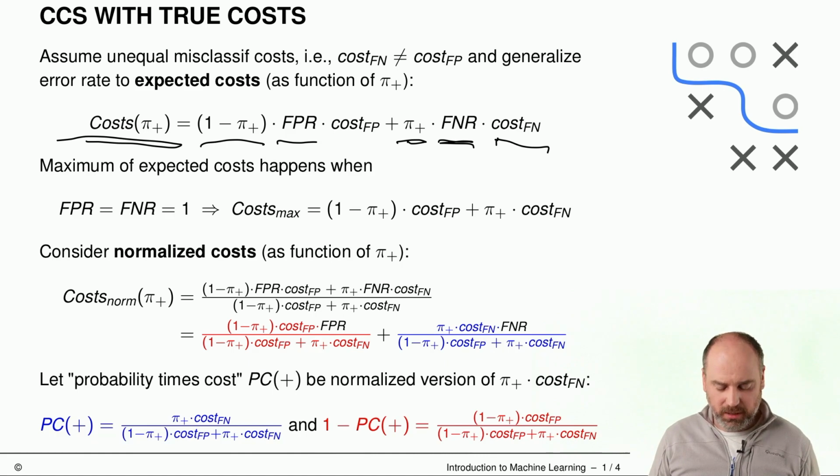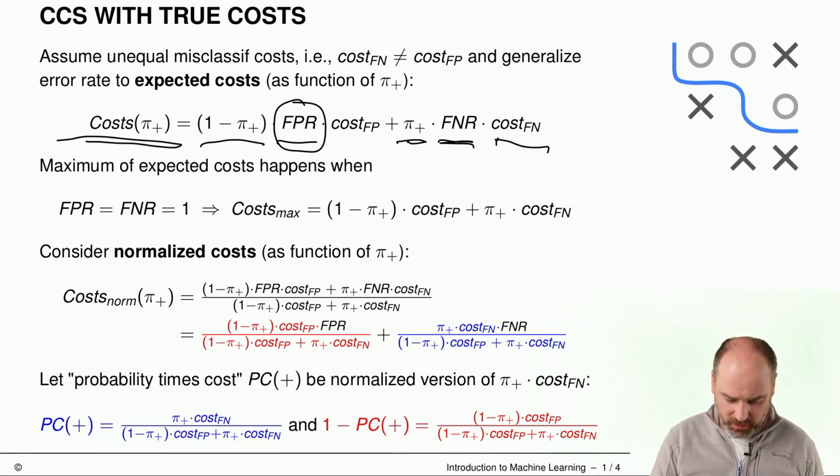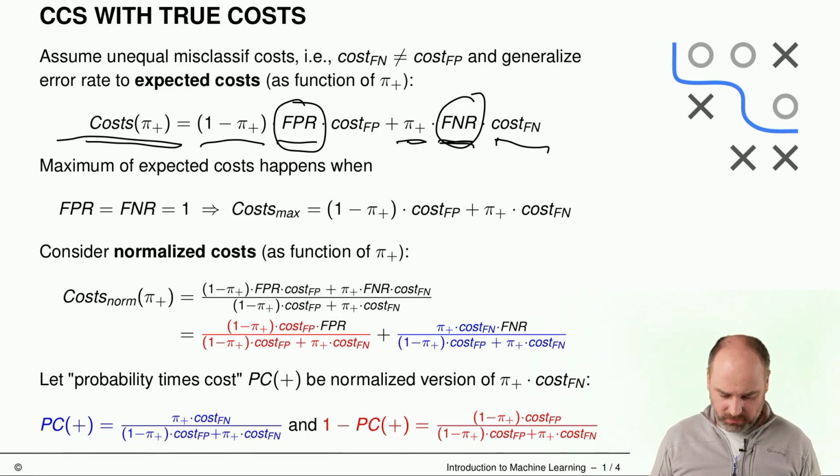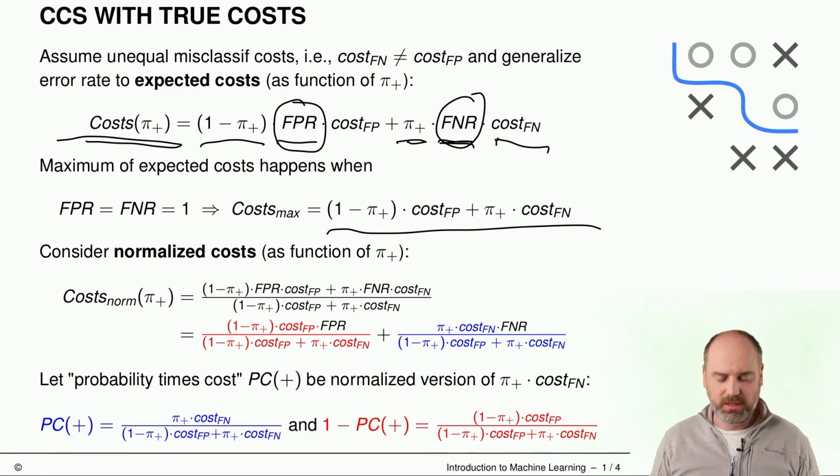We can now calculate the maximal costs that we could incur, and simply insert a 1 for FPR and a 1 for FNR. We don't even really need to resort terms. This gives you the maximal costs that can happen, again as a function of pi plus.